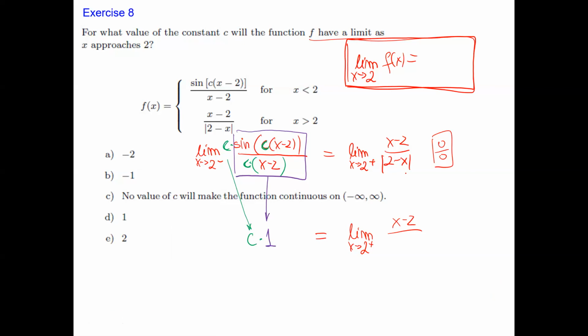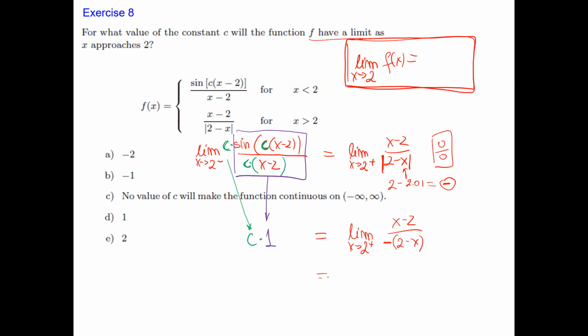x approaches 2 from the right-hand side. That means x is like 2.01. When we subtract 2 minus 2.01 or 2.0001, we will always get a negative quantity because x is a little bit greater than 2. That means the quantity inside, 2 minus x, is always negative, so I will make it positive.